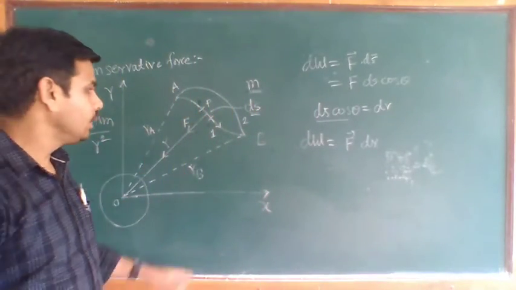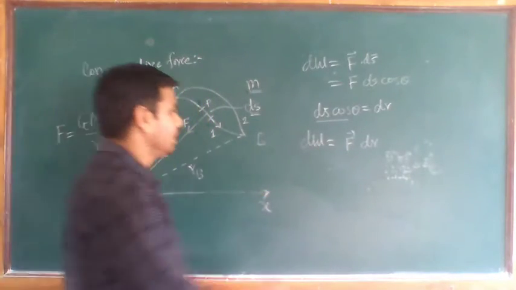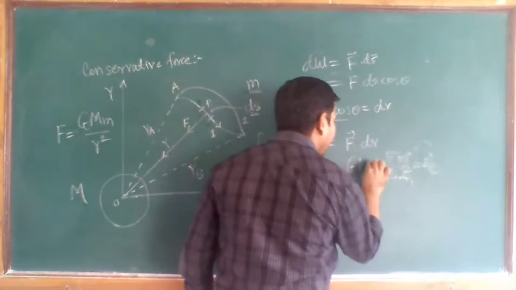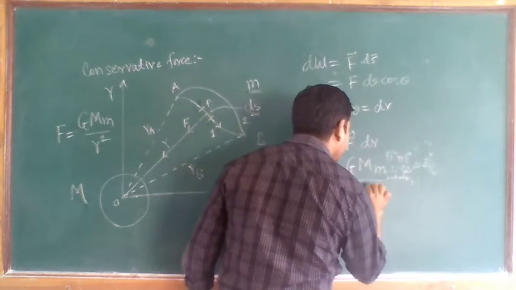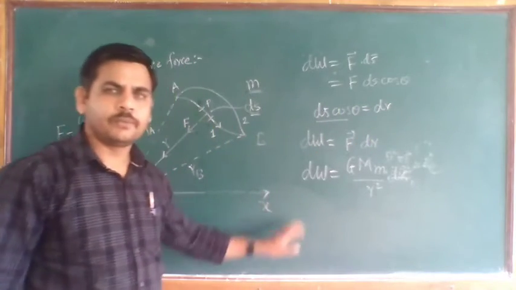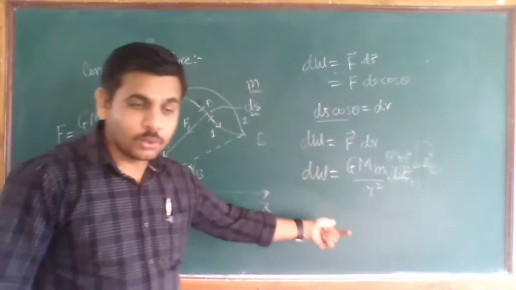So we put in the value of the gravitational force: dW is equal to G M m divided by r square into dr.